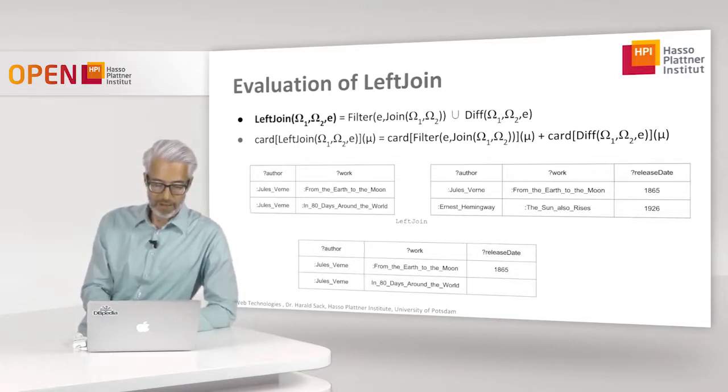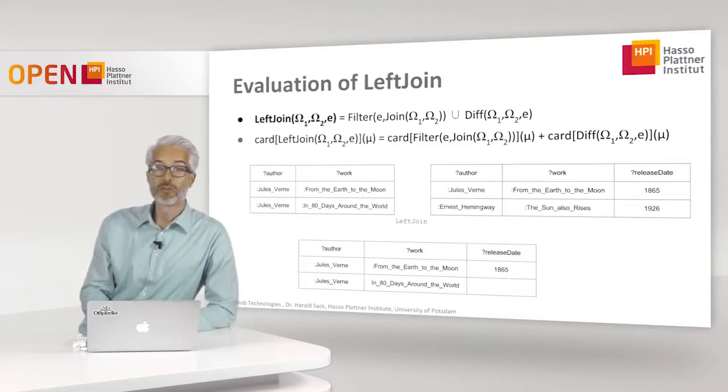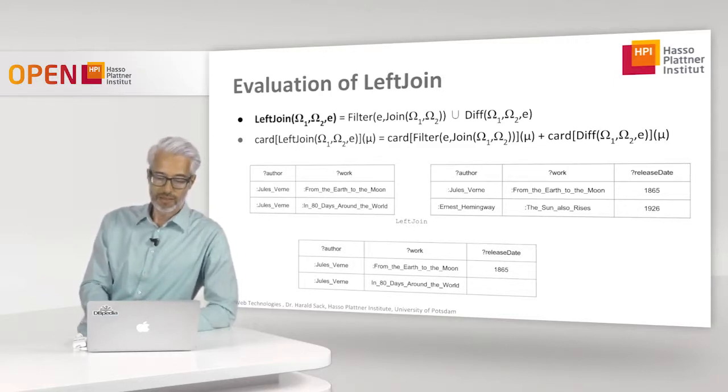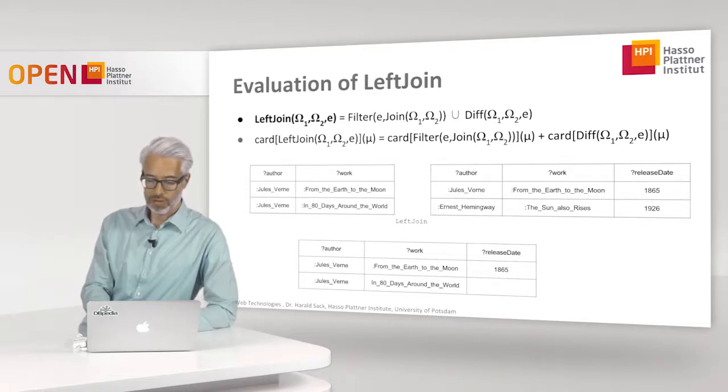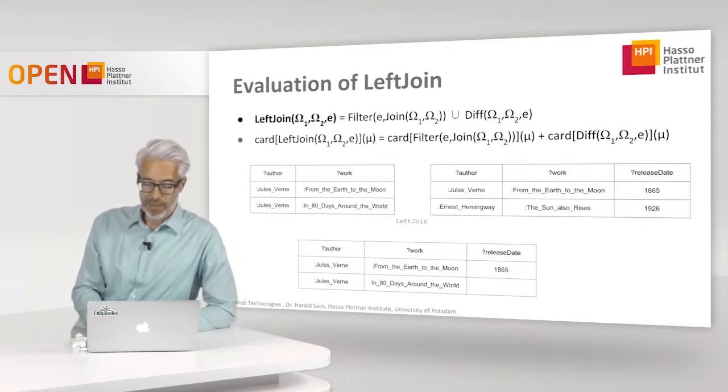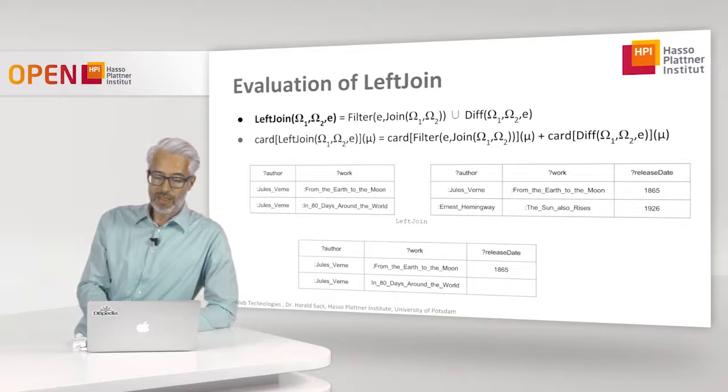Okay, so left join of the two tables, of the two intermediate result sets we see here. It's the same example as last time. Again, author and work in the first table and author, work, and release date in the second table. So left join means we want to combine these two tables in the sense that we definitely want to have the release date in the result.